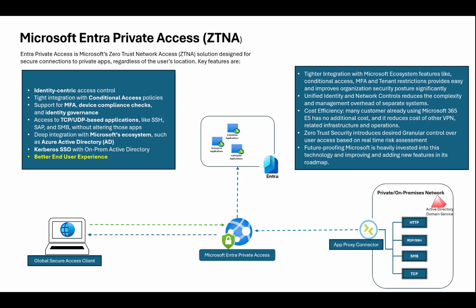Users don't have to know anything about it. Unlike your regular VPN solution where users have to either launch a VPN, then probably get an RSA token, or make sure that you have a PKI running behind it and you have a certificate in place. User has nothing to worry about. This is all being taken care of by the Global Secure Access client. You don't have to launch it, you don't have to shut it down, you don't have to worry about authenticating.